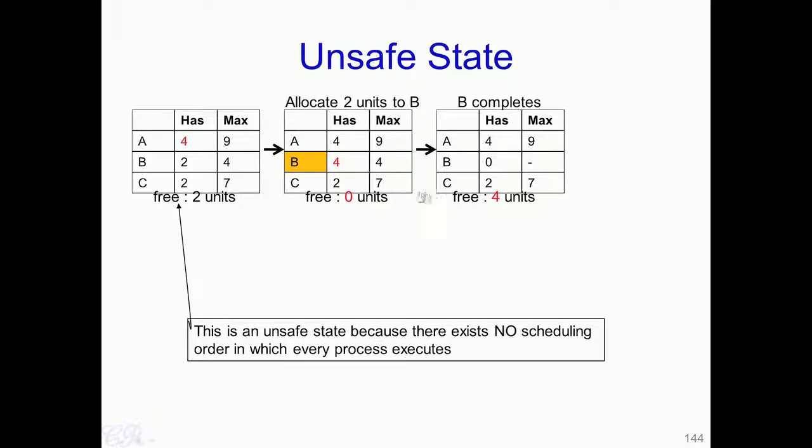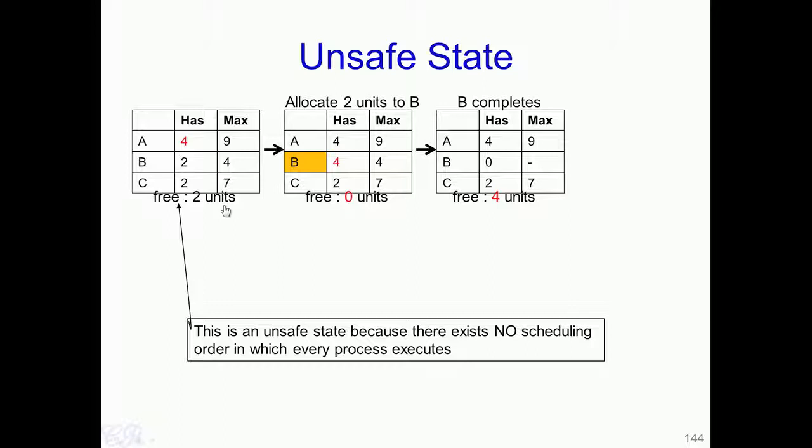Therefore, we see that this state is an unsafe state, because there is no scheduling order which can cater to these requirements. So, this is an unsafe state, and the banker should ensure that such a state is not reached at any point.